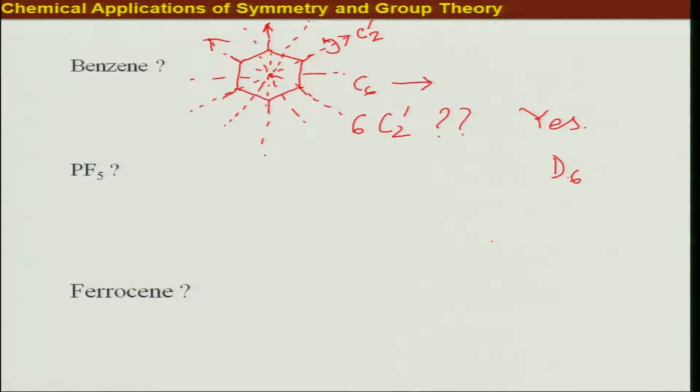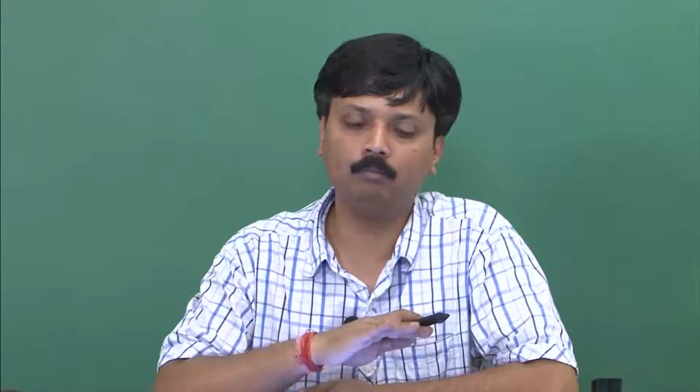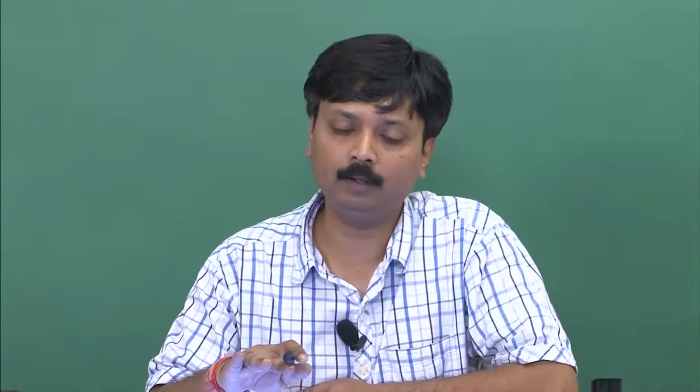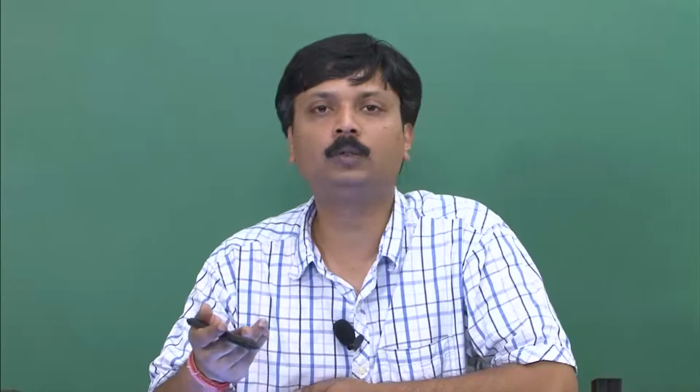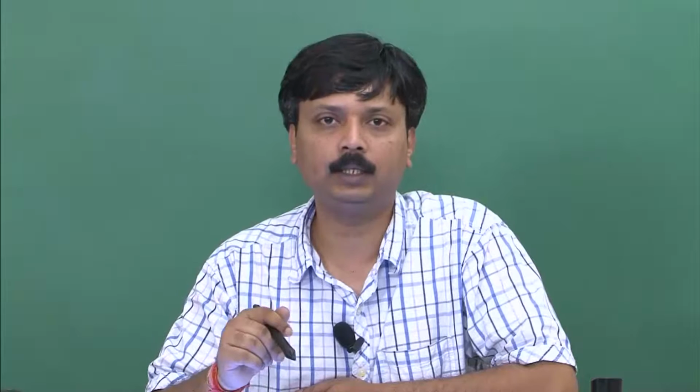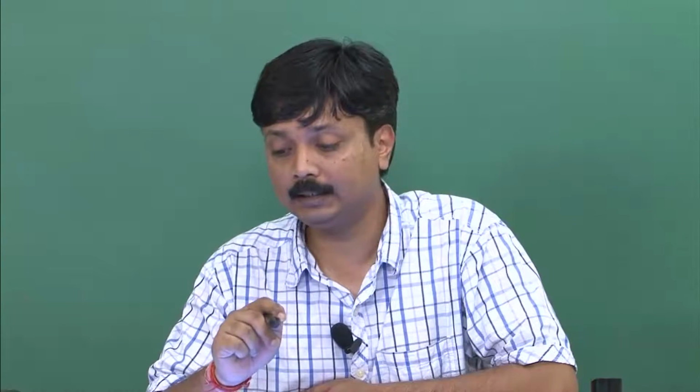Let's figure that out. The following question is, is there a sigma H? The answer is pretty obvious because this molecule is planar, and your principal axis of symmetry is perpendicular to that molecular plane. The molecular plane for a planar molecule always hosts a plane of symmetry. This plane of symmetry is perpendicular to the principal axis of symmetry C6.